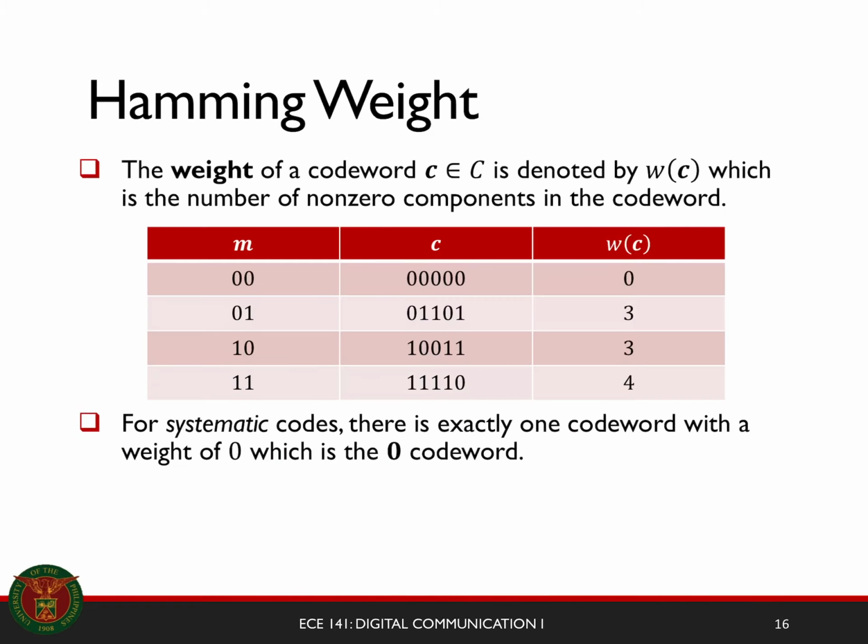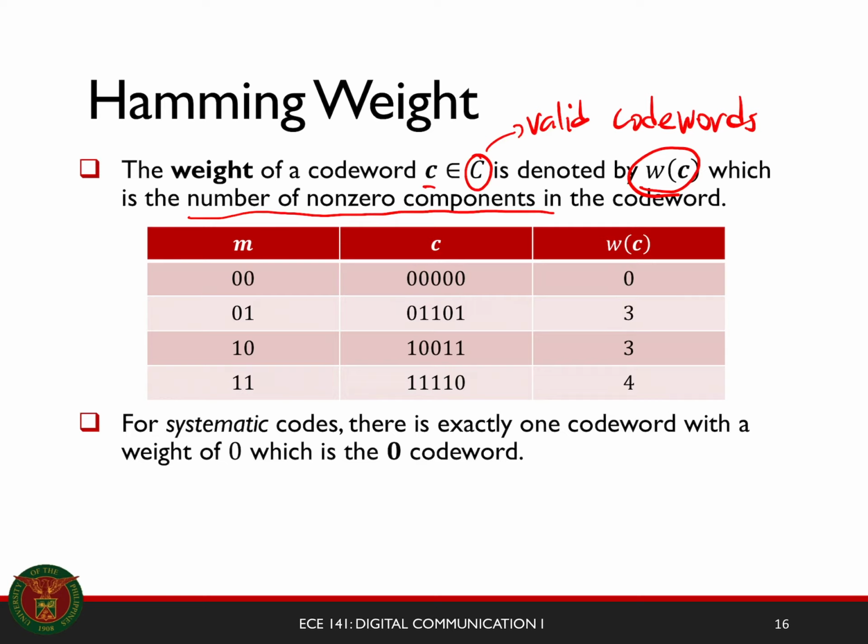So now let's define the concept of Hamming weight, or the weight of a code word. So c is an element of C, which is the set of all valid code words. We denote the weight of the code word by this notation. Basically, it just means it's the number of non-zero components in the code word.